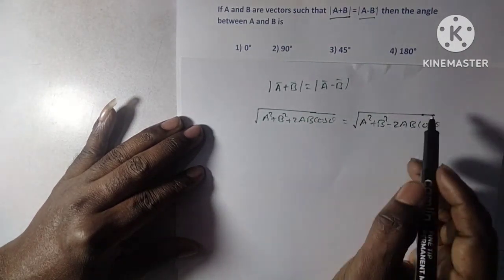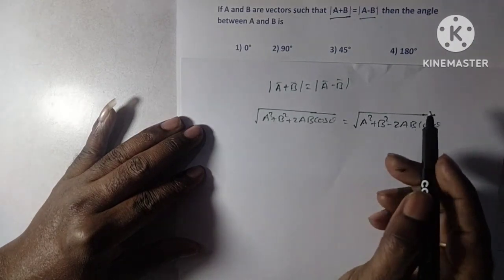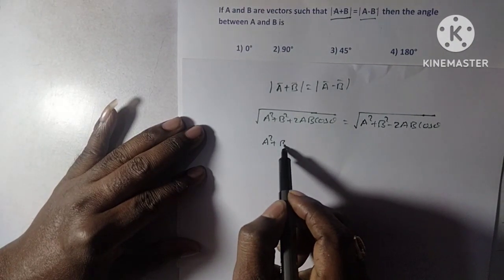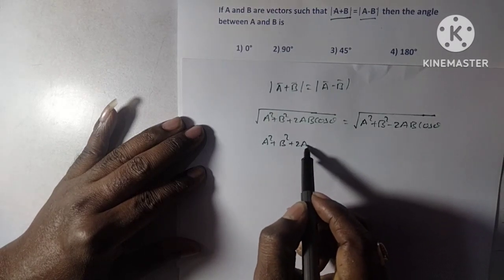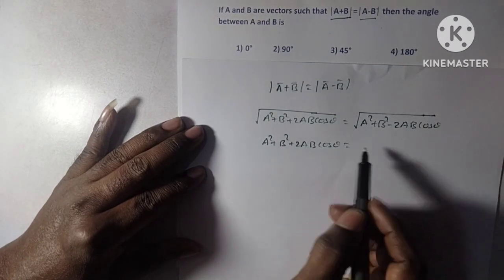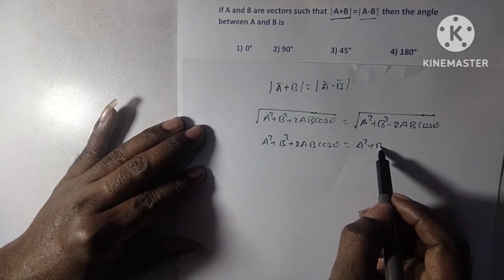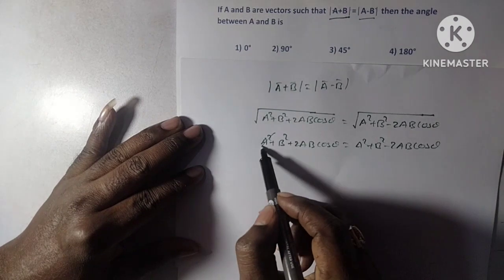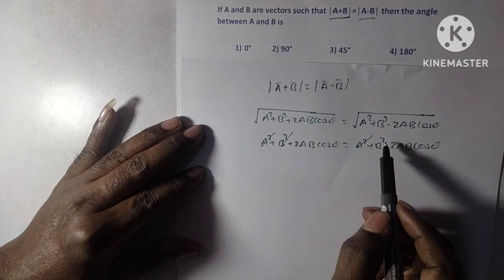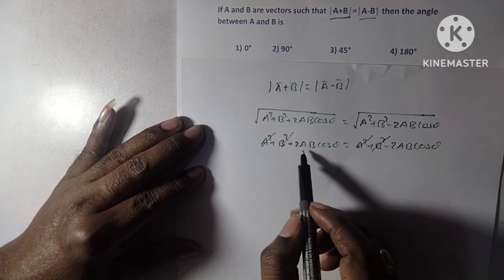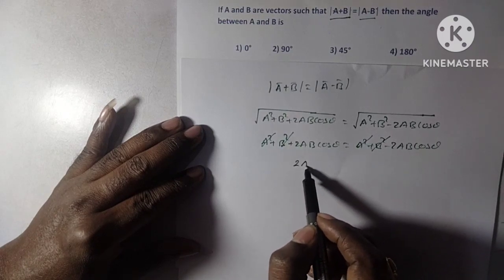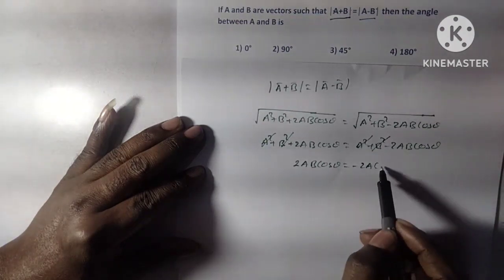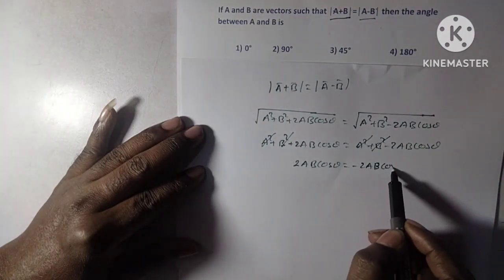Squaring on both sides cancels the root, and you will get a square plus b square plus 2ab cos theta is equal to a square plus b square minus 2ab cos theta. So plus a square and plus b square get cancelled. So 2ab cos theta is equal to minus 2ab cos theta.